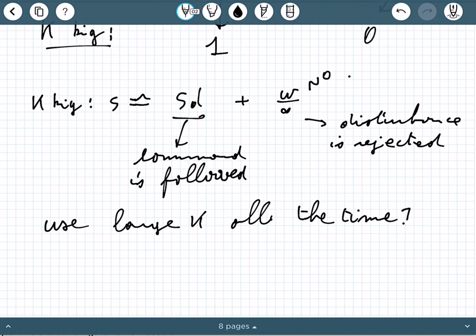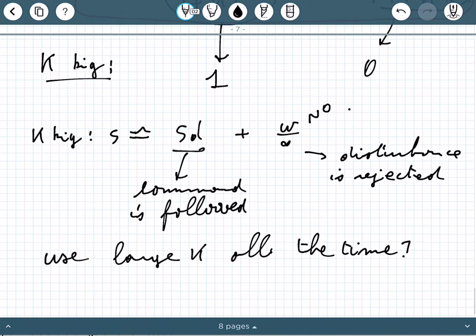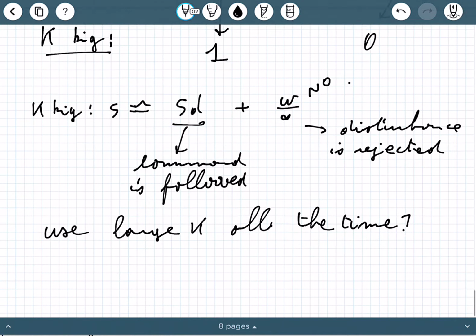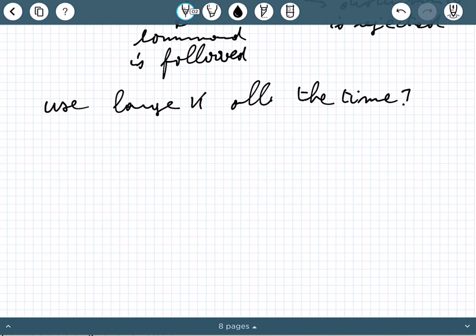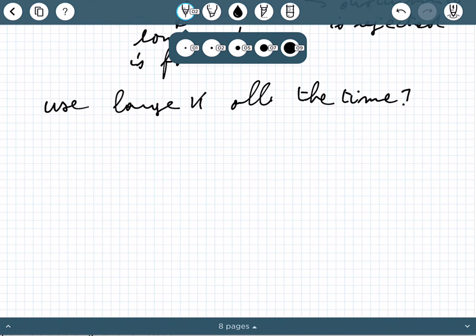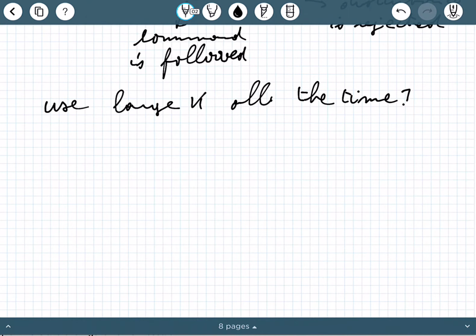Indeed, it looks like it's a good recipe to take care of perturbations and make sure our car follows the required speed regardless of what happens around it. It is time to introduce another problem, which is what we call sensor error or sensor perturbations.